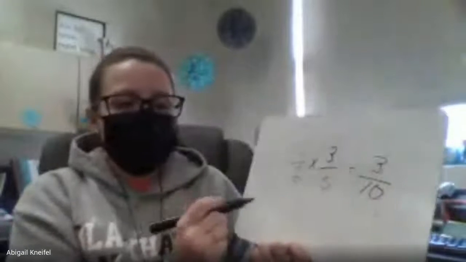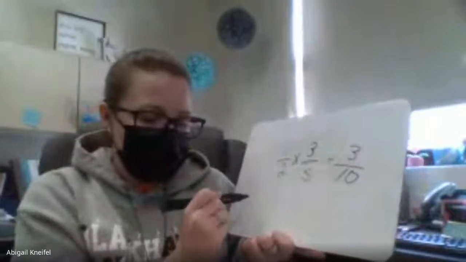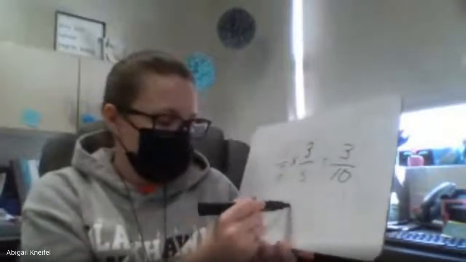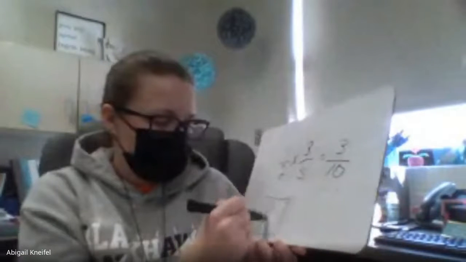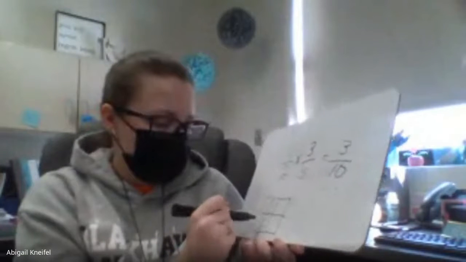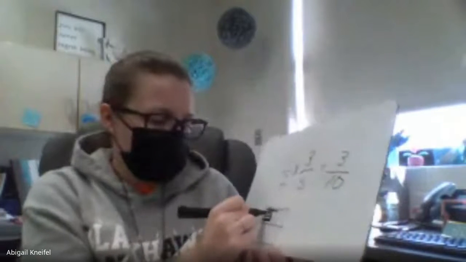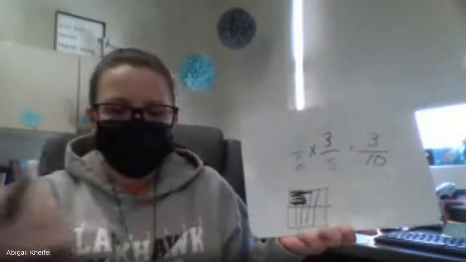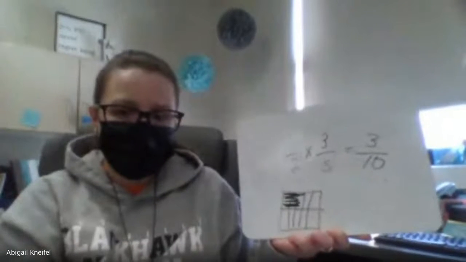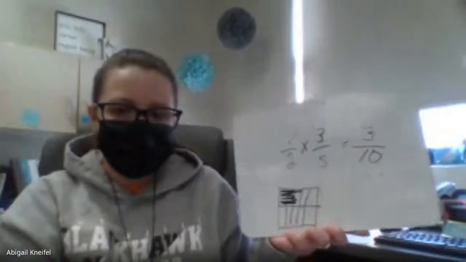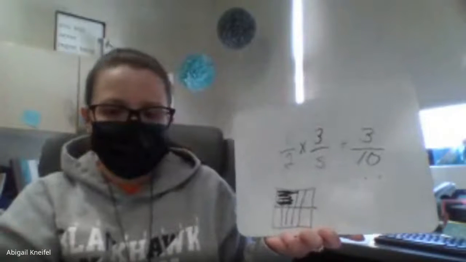My denominator is going to be how many boxes I have. Right? 1, 2, 3, 4, 5. And then you would color in 3 of those tenths. That would be 3/10. Okay? That's all.